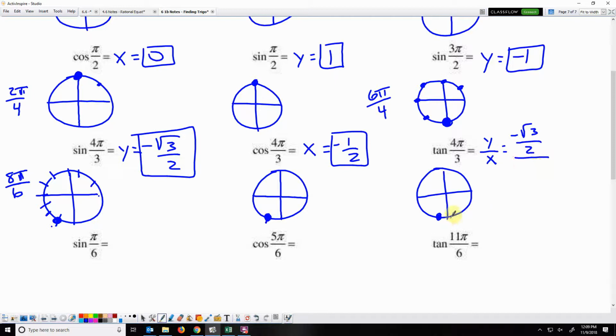And the x value, it's in the first position left, negative 1 over 2. Negative over negative is positive. If I multiply this outer loop, I get a numerator of 2 root 3, and the inner loop gives me a denominator of 2. So tangent there is root 3.